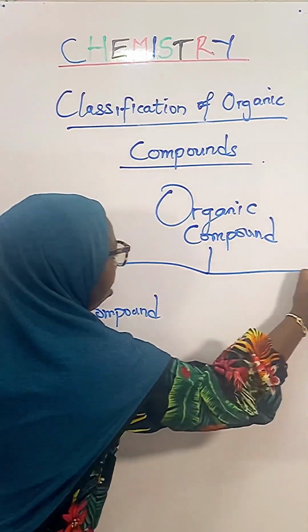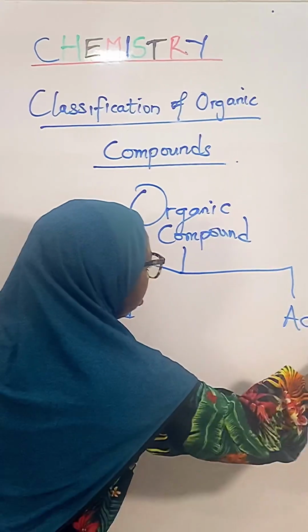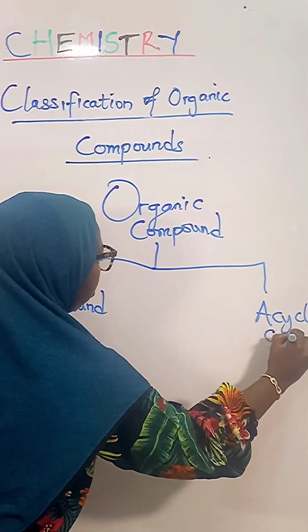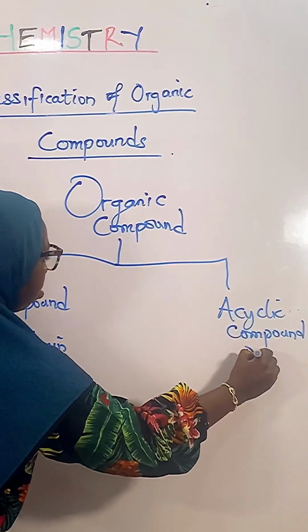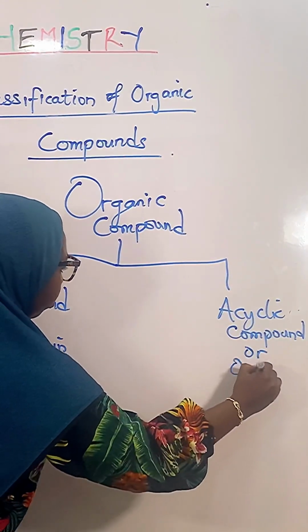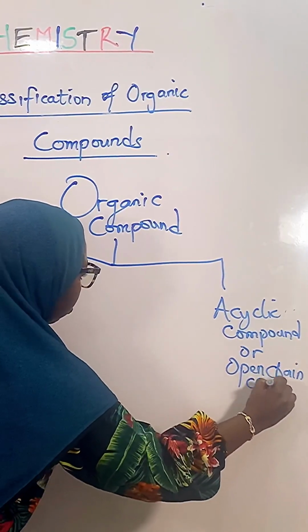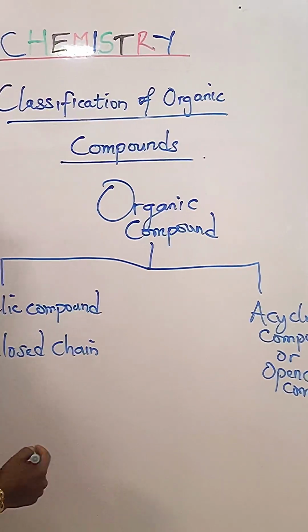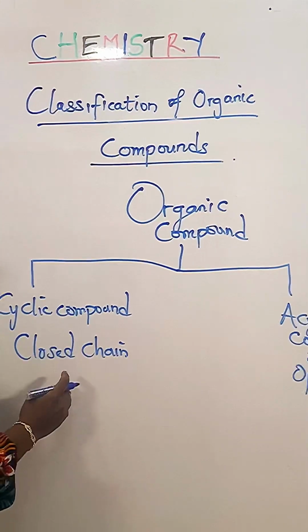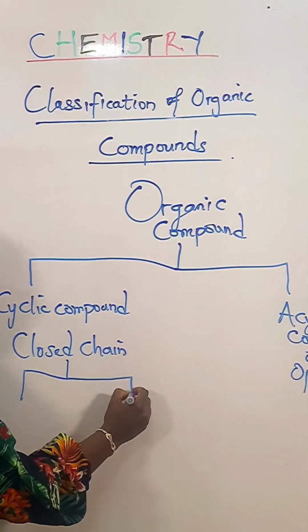Then we also have what we call acyclic compound. Acyclic compound can also be called open chain compound. Some people even call it aliphatic compounds.